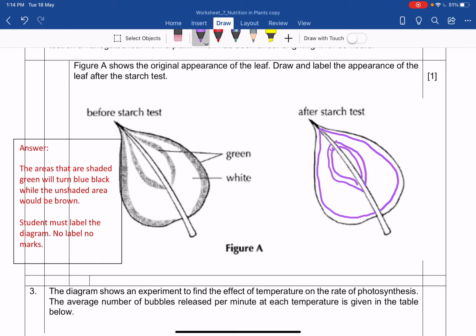Your labeling line should be drawn using ruler and pencil, and you should not shade the diagram at all. You can see I'm not shading, I'm using freehand to draw, but you should use a ruler. Okay, and the label should be written in ink. So these are the regions that will turn blue-black, and the other region is where iodine solution will remain brown.